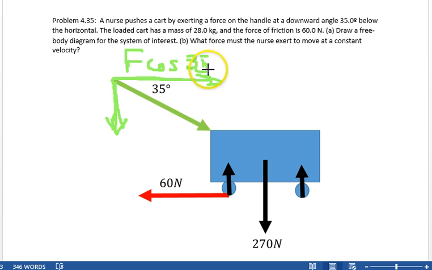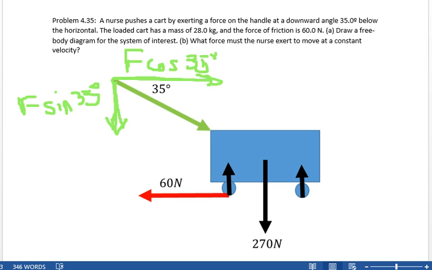Because that is the side of the triangle next to the angle. And over here, that force will be whatever force she is exerting times sine of 35 degrees, right? So this would be the free body diagram, right?